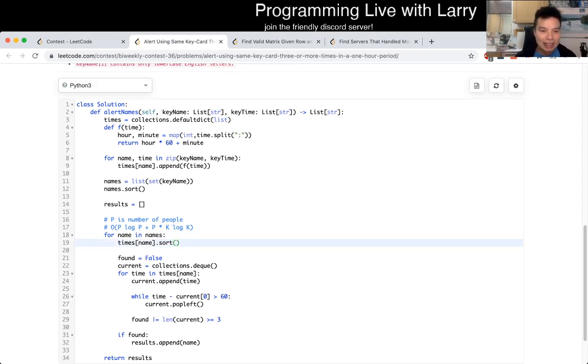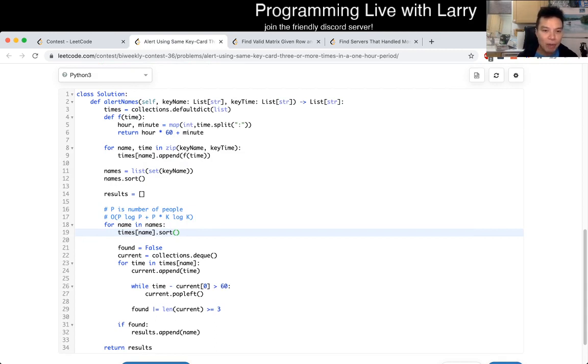And for space, well, we store each element in key time in at most 2 places, so that's going to be linear space. For each element in key time, we store it once in the times array, and then we store it another time in the deque that we use for the sliding window.